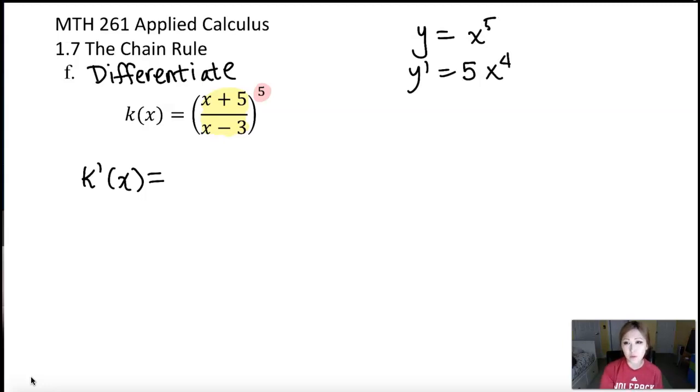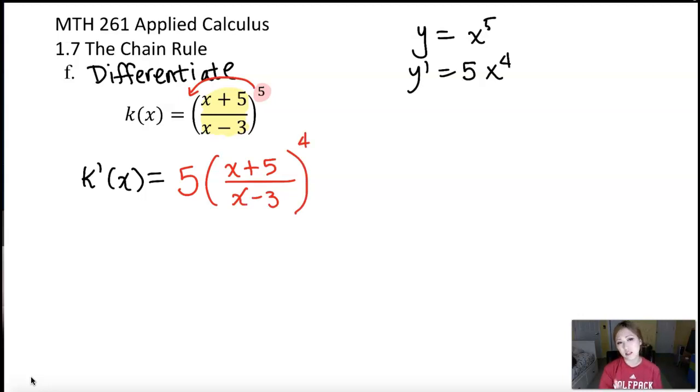We're going to treat this yellow chunk as just x and take the derivative of the outside part. So bring down that 5, and keep everything inside exactly the same. Don't change anything inside. And the new power, 5 will go down to 4, right?